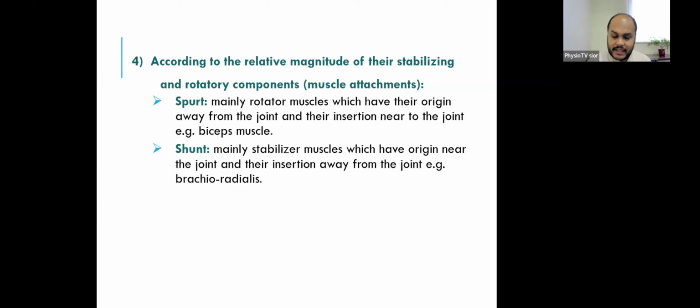If you read about Cynthia Norkin and the dynamic stabilizers of the shoulder joint, biceps brachii is one of the dynamic stabilizers there. So biceps brachii is an example of both spurting and shunting: it acts as a spurt at the elbow joint, but as a shunt at the shoulder joint.